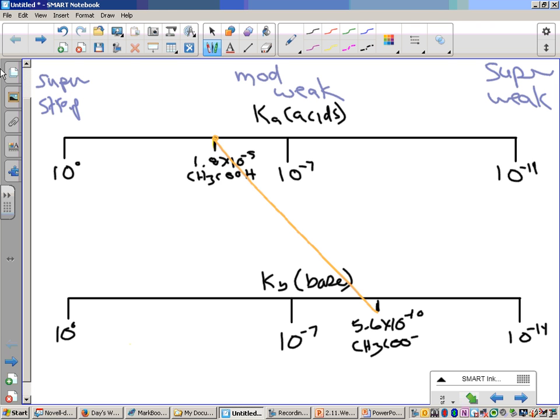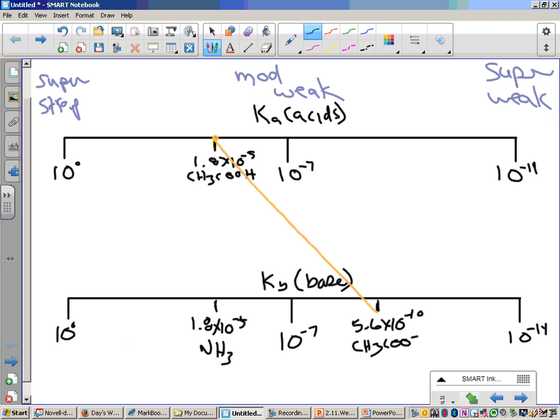Let's take a look at now a base. Somebody find me the Kb for NH3, ammonia. Handily, it's the same as the Ka for acetic acid: 1.8 times 10 to the negative 5. That's for NH3. So NH3 is a moderately weak base. It's slightly stronger than that midpoint.